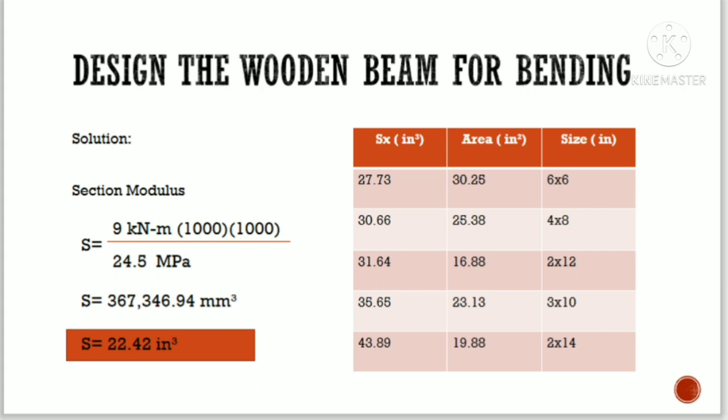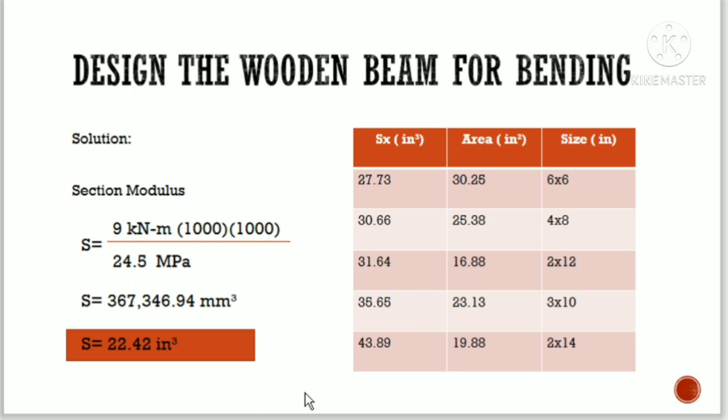So this time we're going to select the least cross-sectional area. Here we look at the area. The least cross-sectional area is 16.88, followed by 19.88, then 23.13, 25.38, and 30.25.